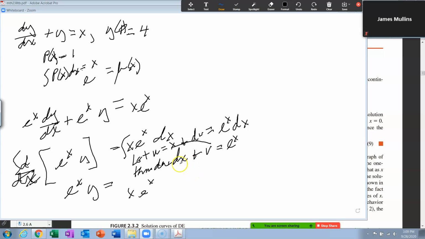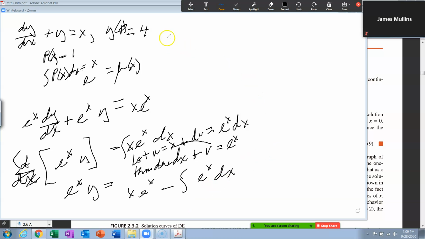Okay, this is equal to u times v. That's x e to the x minus the integral of the bottom line down here, which is e to the x dx. Okay, and we know what that is.